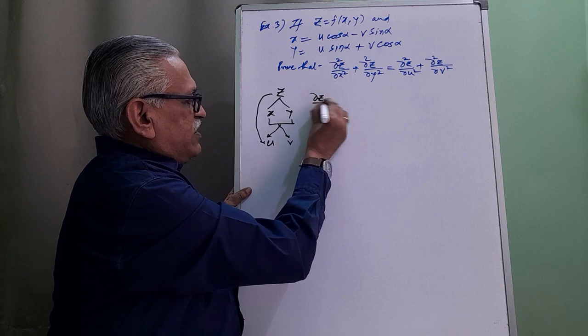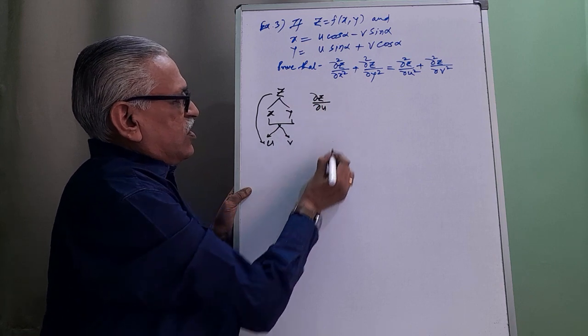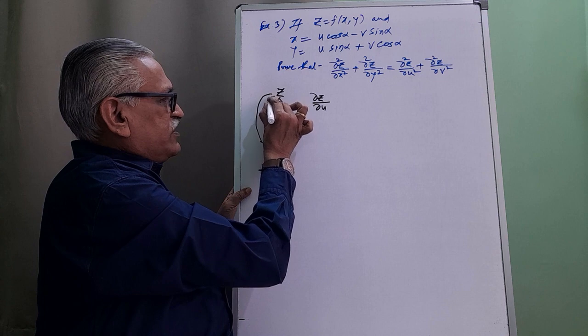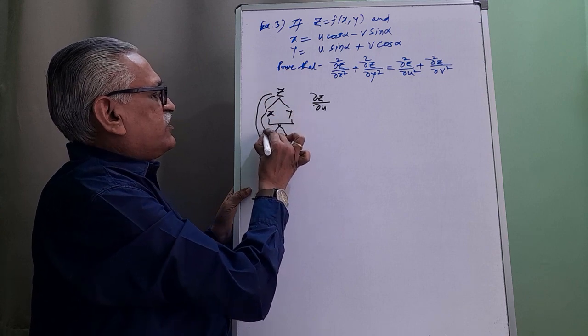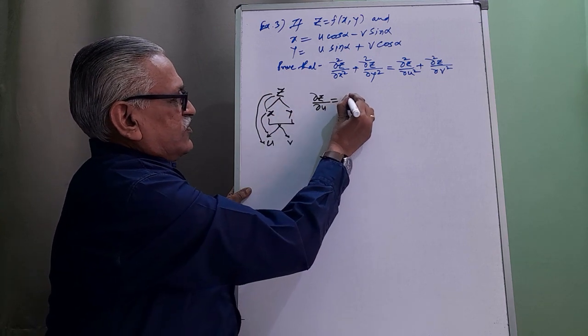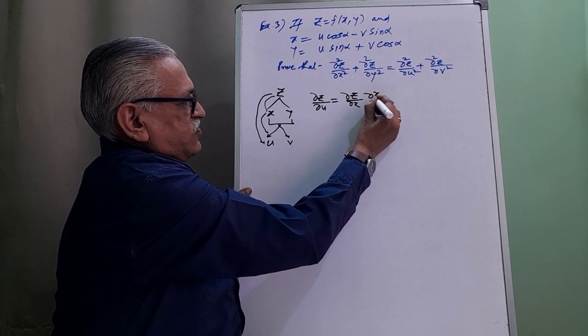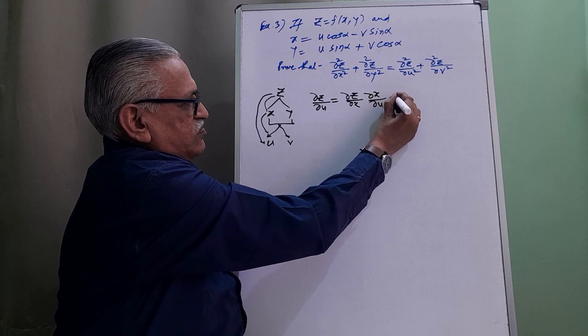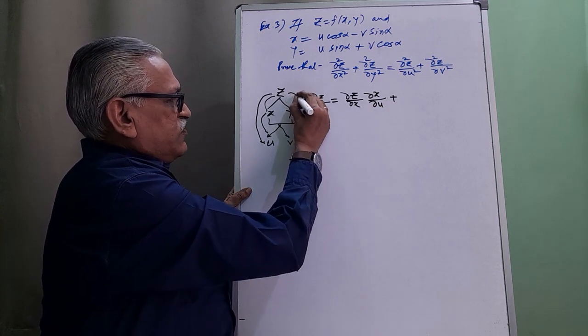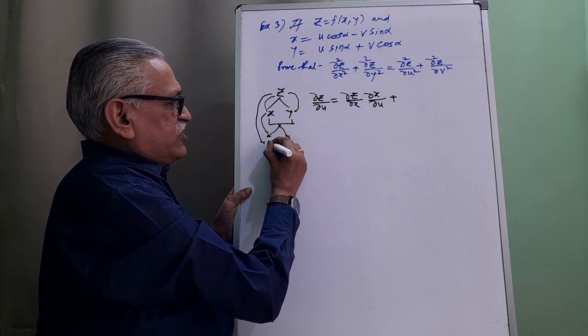Therefore, dou z by dou u, how can we differentiate it? Differentiating z with respect to x, x with respect to u, plus differentiating z with respect to y and y with respect to u.